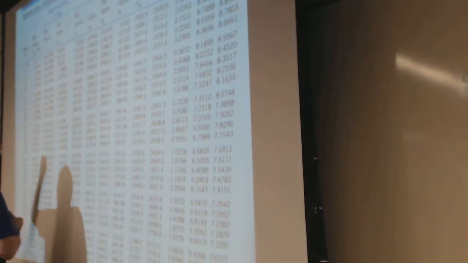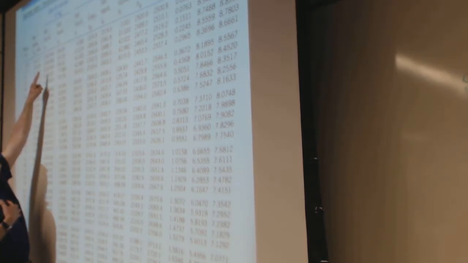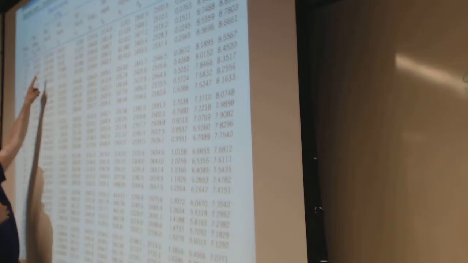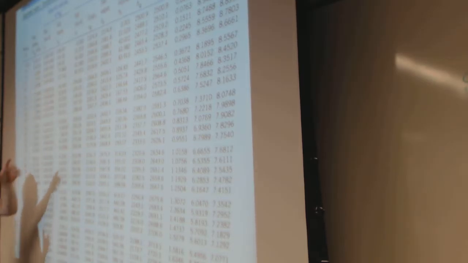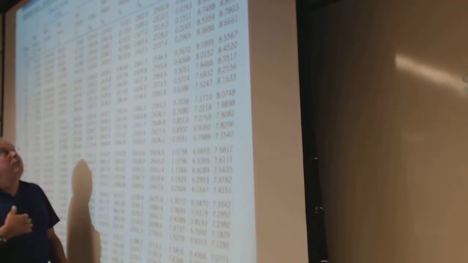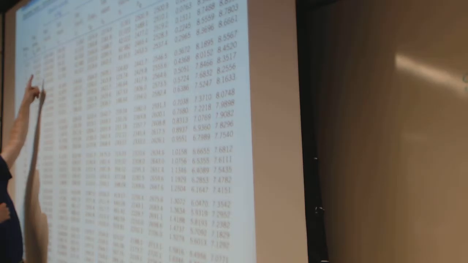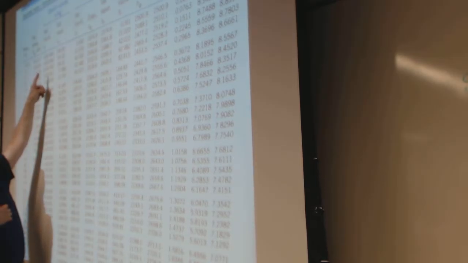If you take this pressure times that volume and add that to internal energy, you end up with that value. 0.001 times 0.6 would be 0.0006.